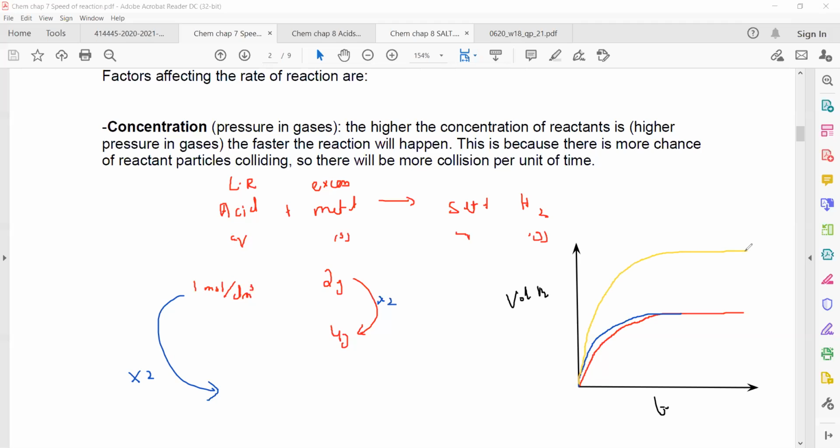When you're sketching a graph, sometimes the original graph is given, and according to the original graph you have to sketch another graph with a change in concentration or a change in the amount of limiting or excess reagent. If in a question the limiting reagent is changed, how will we know which reagent is limiting and which is in excess?